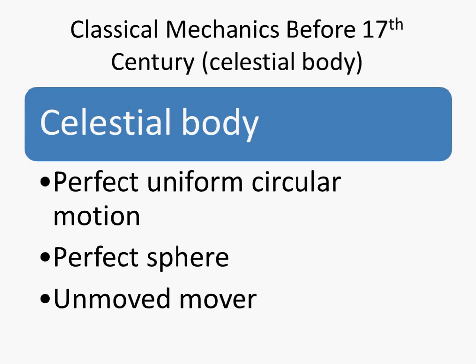So you can ask who is the first one to push the second one, and who is the second one to push the third one. So you must need a first one to move others, and no one moves it. So these ancient scientists hypothesized that there is an unmoved mover, the first one to move these stars.